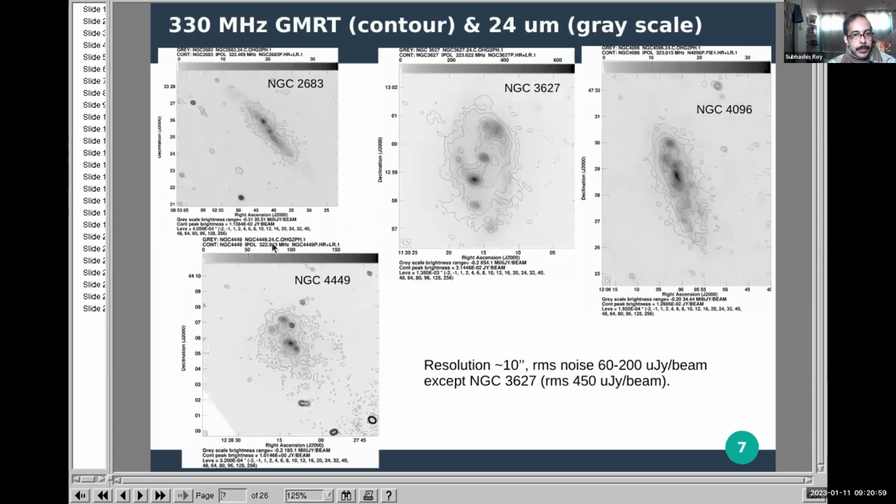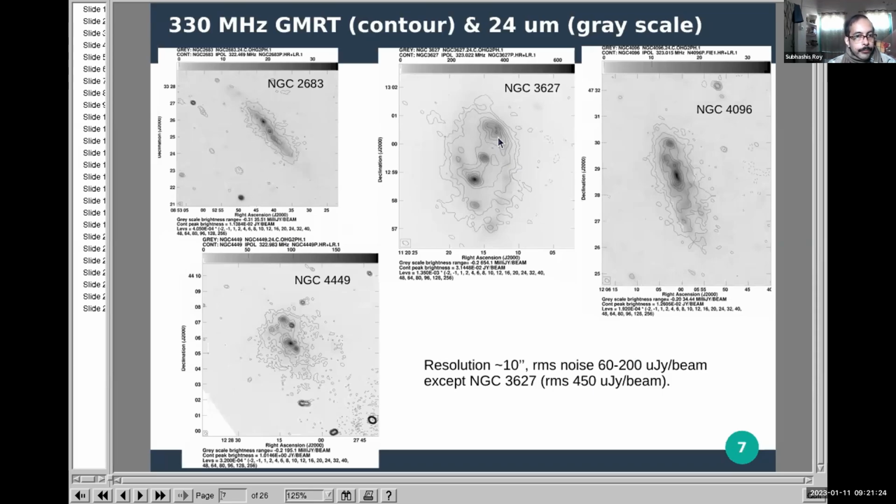So these are the galaxy images which I am showing. Their resolution is typically about 10 arcsecond. RMS noise varies between 60 to 200 microjansky per beam, except of course NGC 3627, the galaxy on the top middle, which has a somewhat higher RMS, 450 microjansky per beam. You can see that they are well resolved.